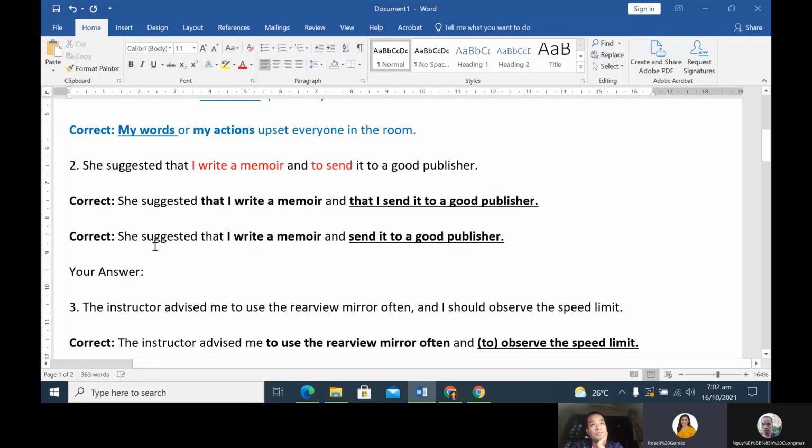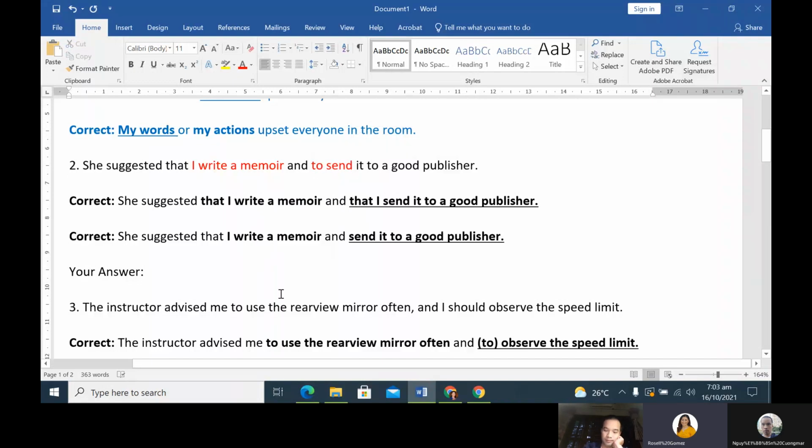Another thing, now: she suggested that I write a memoir and, okay, look at this one. You can also use the simple verb. You have the word write, and what's wrong here is that he makes it an infinitive verb. He added to.